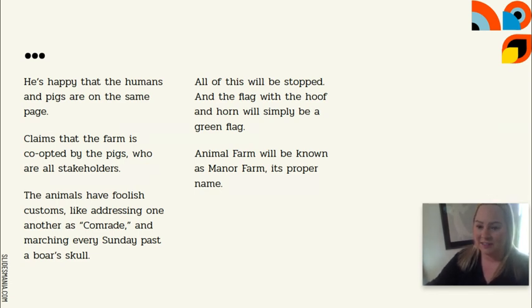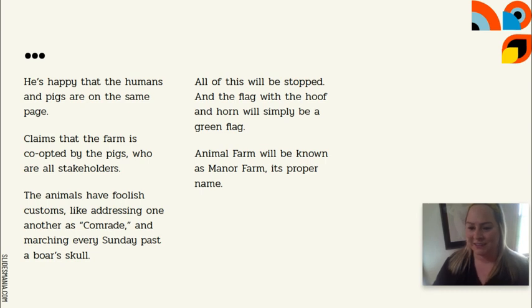And then he goes on to say that he doesn't understand why some things are the way they are, that these animals on the farm have these very foolish ways and customs that he's going to stop immediately. For instance, they walk around the farm and address others by comrade. They have a demonstration every Sunday where they march around the farm and past the flagpole, and they honor the skull of a dead boar that is just under the flagpole, and it's all very strange.